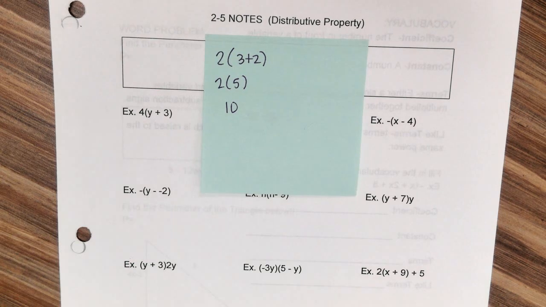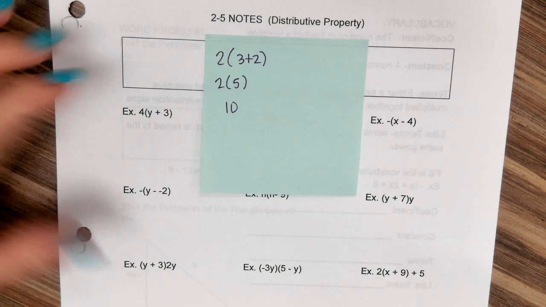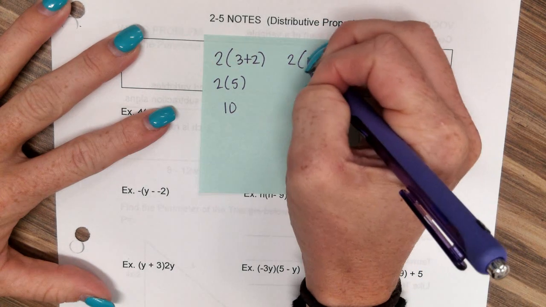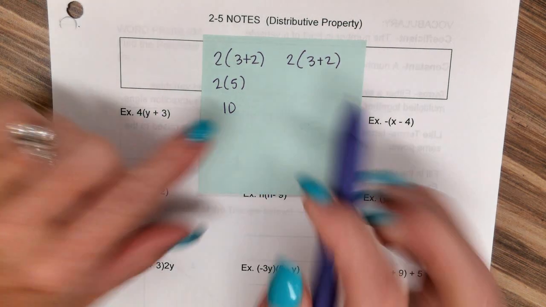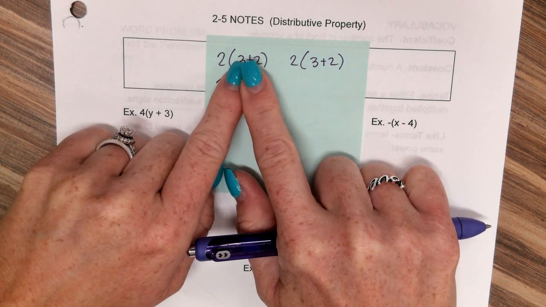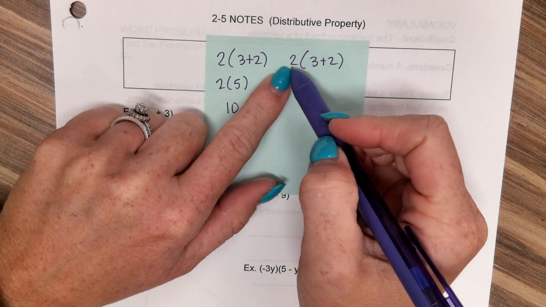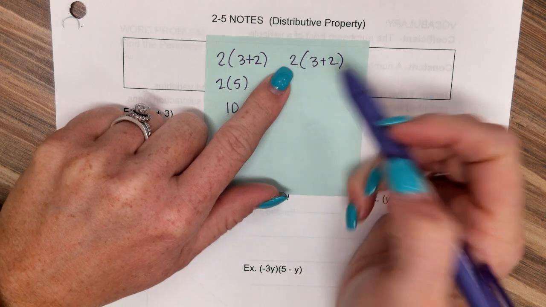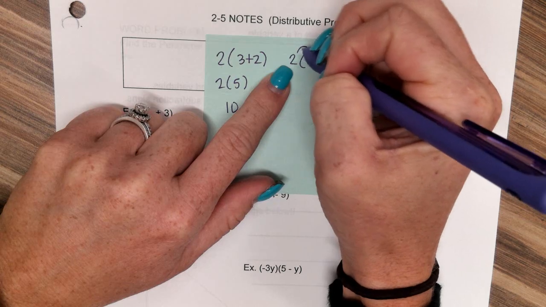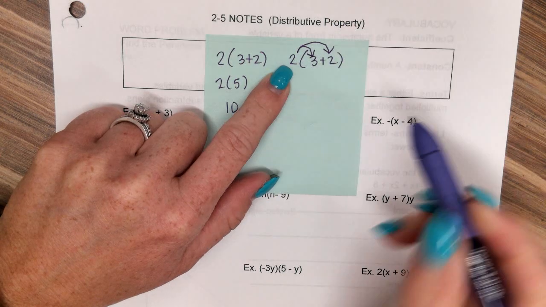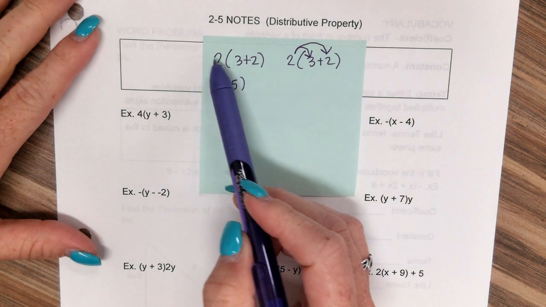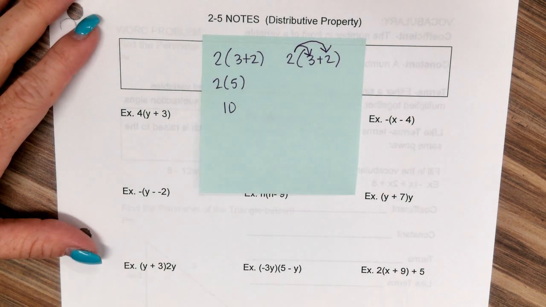So what is distributive property and why do we need it? Distributive property says that if you're multiplying something by what's in parentheses, so y'all agree that's the same problem, yes? You can distribute what is on the outside to everything on the inside by multiplication. So basically this is saying 2 times everything in parentheses.